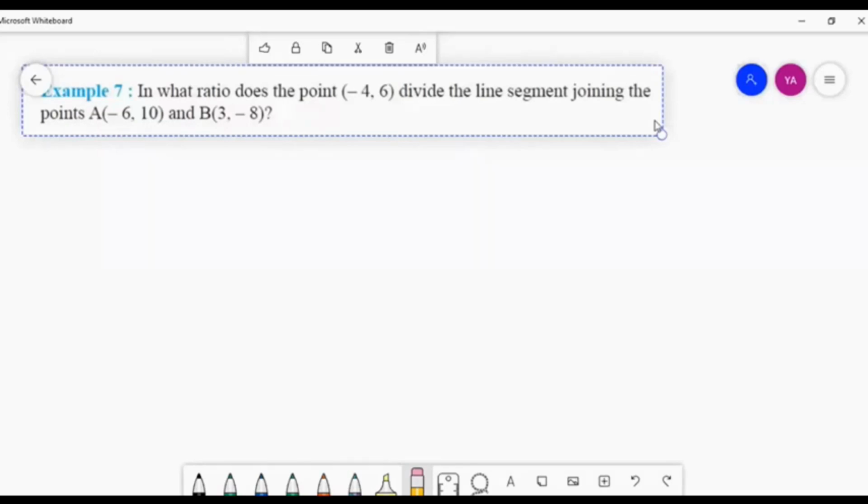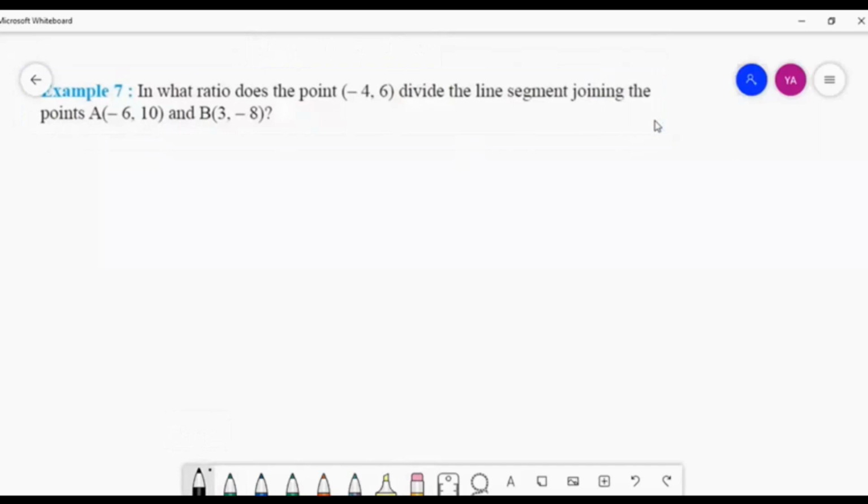See here, the points are named A and B and the dividing point is (-4, 6). Suppose the ratio is m1 is to m2. Suppose 1 is to 2 is the same as 2 is to 4, right? If you multiply both sides of the ratio by the same number, you will get an equal ratio.